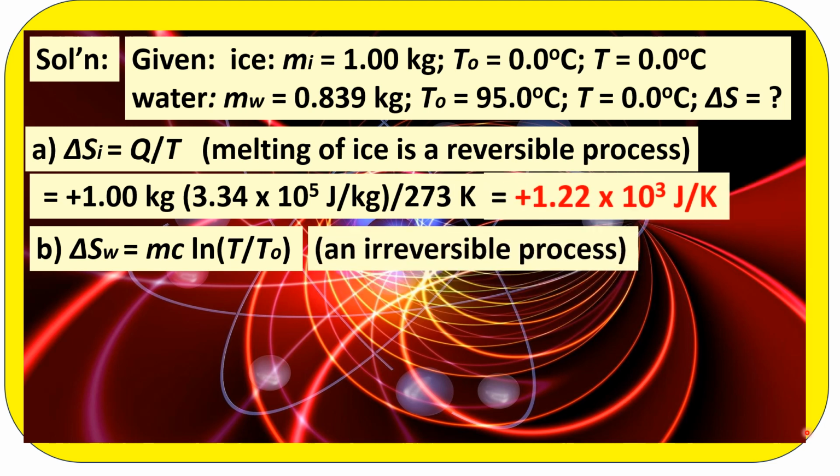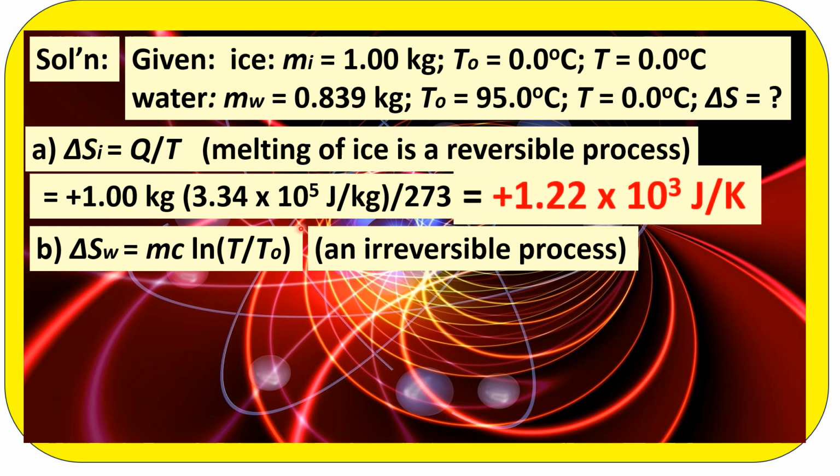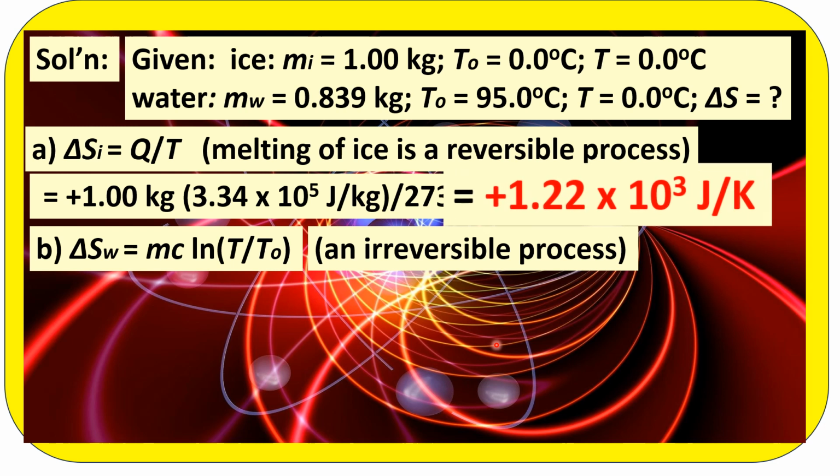All right? And we cannot make use of the simple formula for determining the change in entropy that we use in the case of ice, because here there is now a change in the temperature.